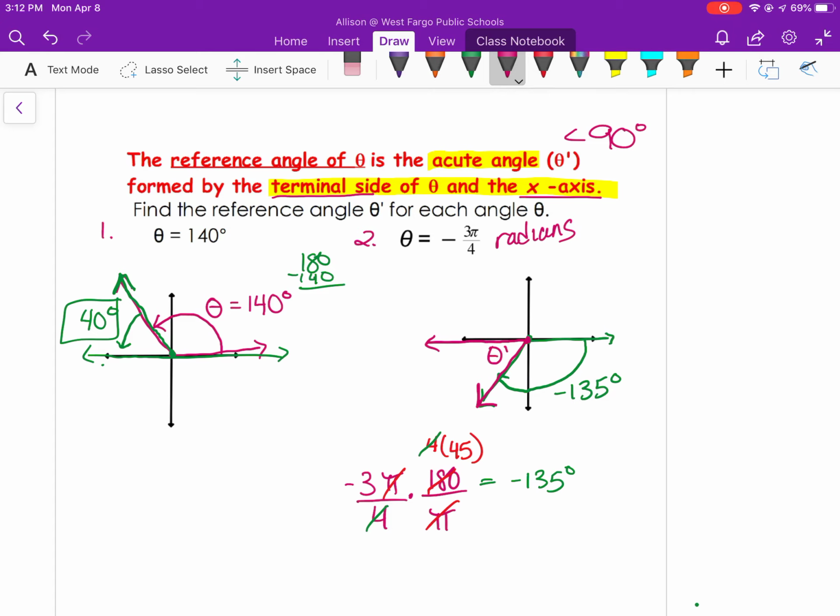And we can use the little theta with the comma above it to denote that. And to figure out what that is, again, I know this straight line forms 180 degrees. So if I take 180 minus 135, I'm going to be left with 45 degrees. So my reference angle is 45 degrees for that one. And if you wanted that in radians, it would be pi over 4.